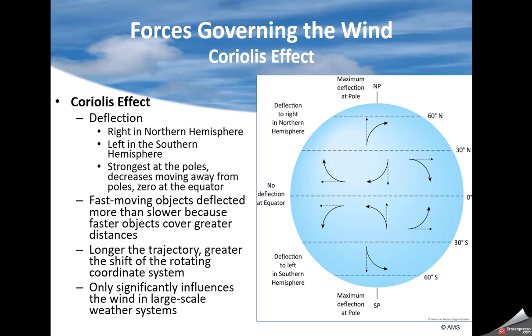And the closer it gets to the North Pole, the more that turn is going to be. There'll be less deflection down towards the equator, where there is actually none. Kind of counterintuitive. Where it's moving the fastest, you're not getting any deflection. Where you're moving the slowest, you're getting the most.